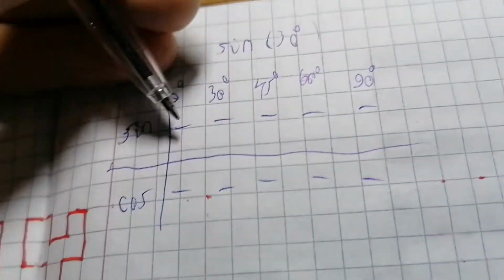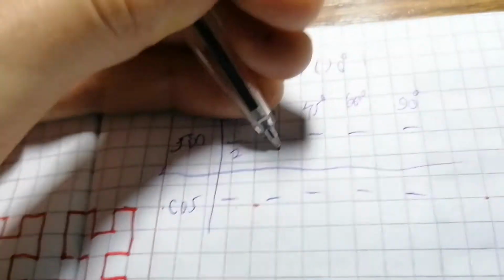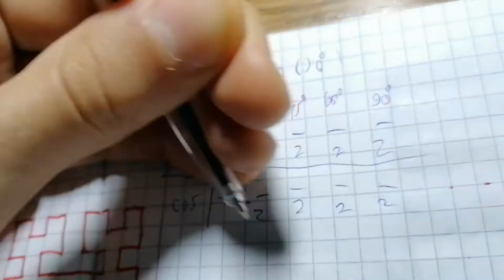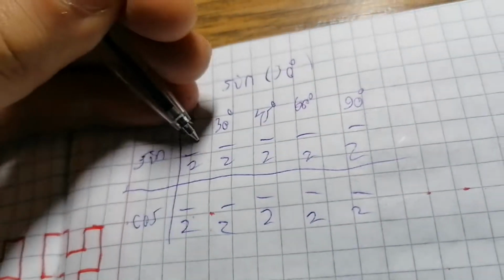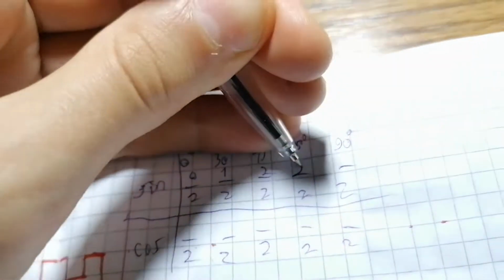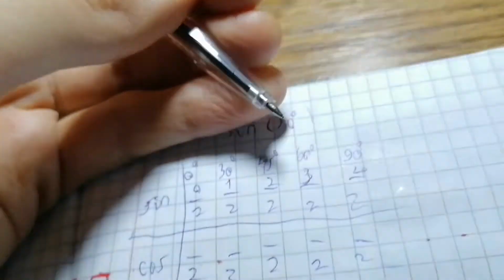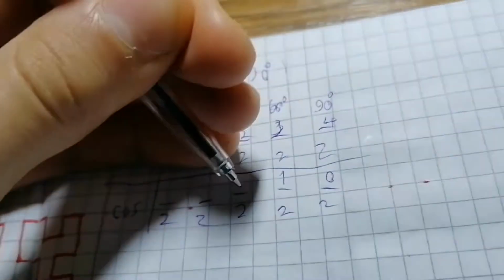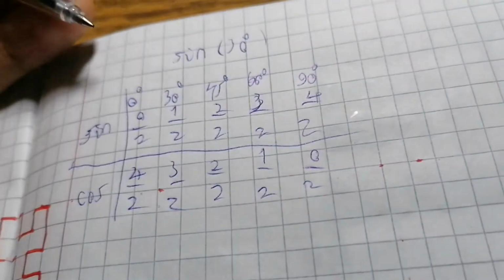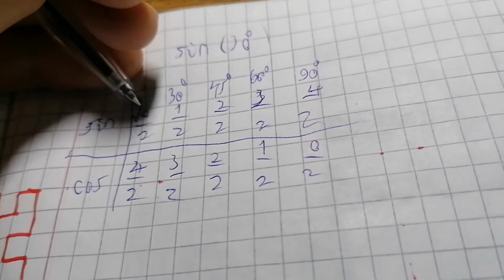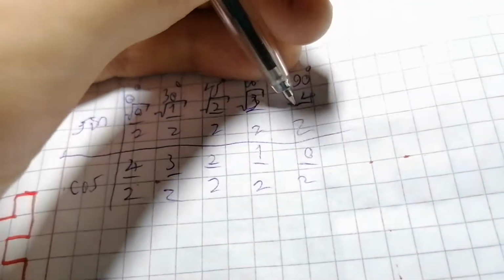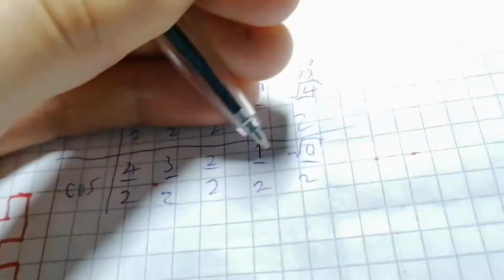Every time at the bottom you have 2, so we write a bunch of 2's, and then at the top we have 0, 1, 2, 3, 4, that's very simple, and then the same thing but in reverse, so 4, 3, 2, 1, 0. And actually we take the square root of the number that's at the top. So that's it. That's about the table.